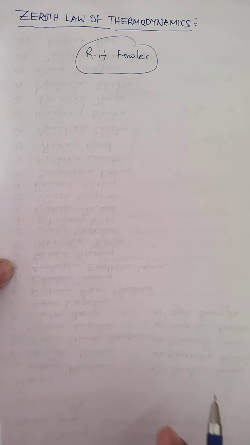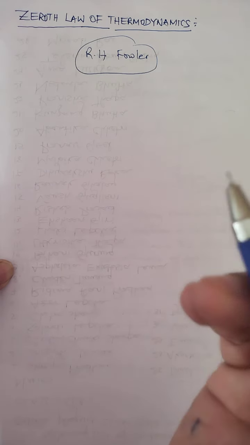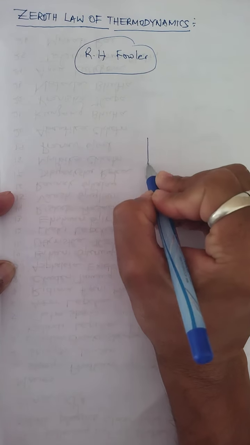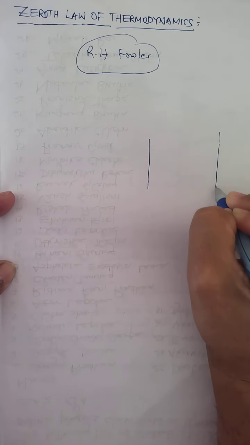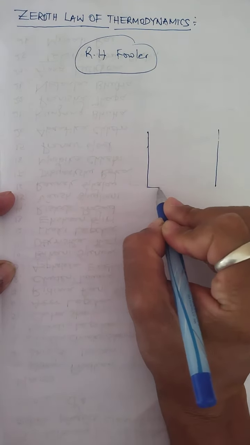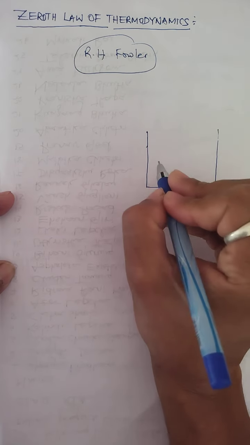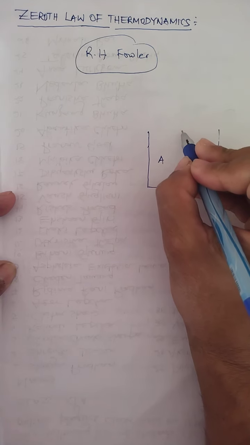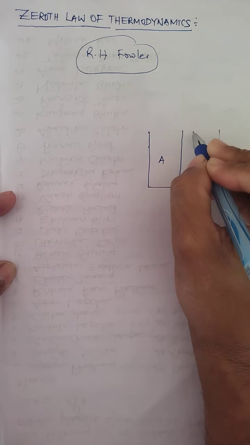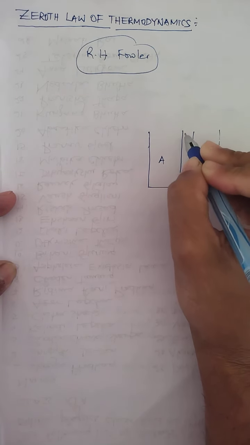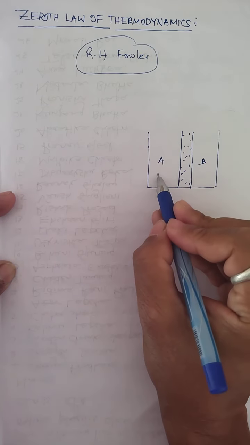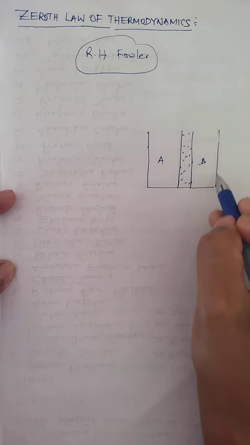For this zeroth law of thermodynamics, let me first take two systems. I consider one as A and another as B. These systems A and B are separated by an insulating wall. So there is system A and system B, contained in a vessel.